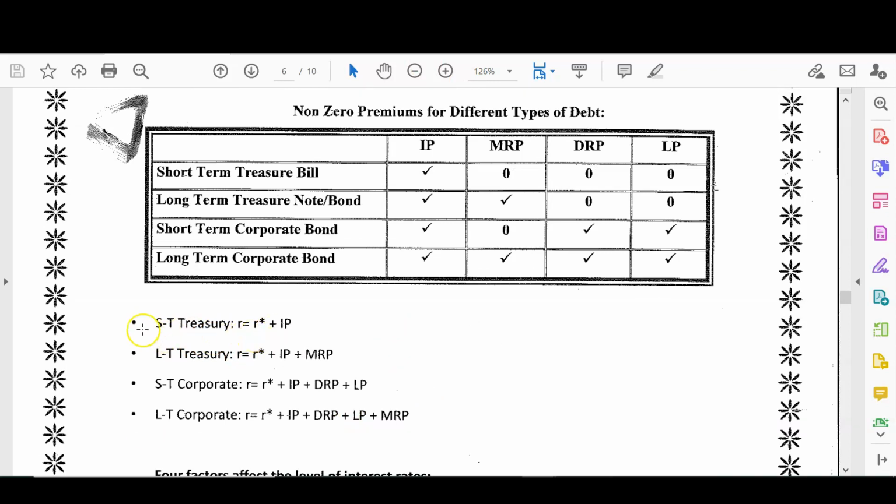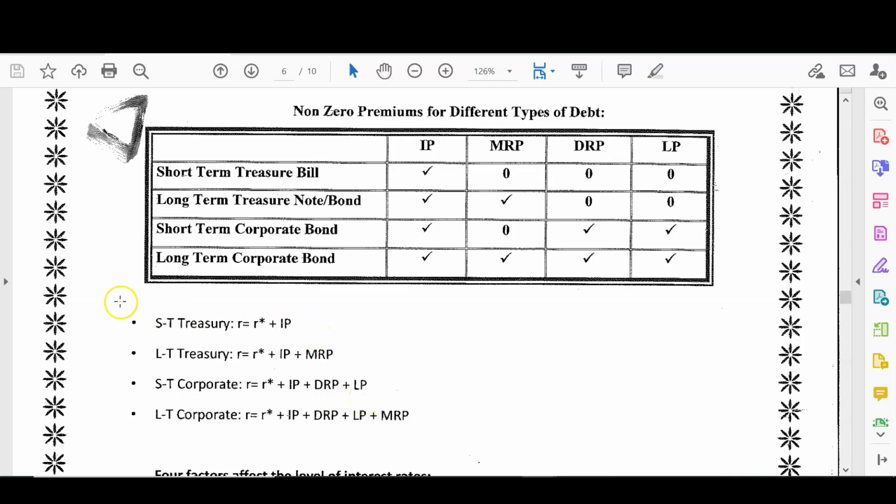For example, for short-term treasury, all types of bonds start with the real risk-free rate R star plus IP. All these 4 types of bonds have the risk-free rate component. For short-term treasury, we say the rate of return is just the risk-free rate, because we think it has no maturity risk premium, no default risk premium, and no liquidity premium.